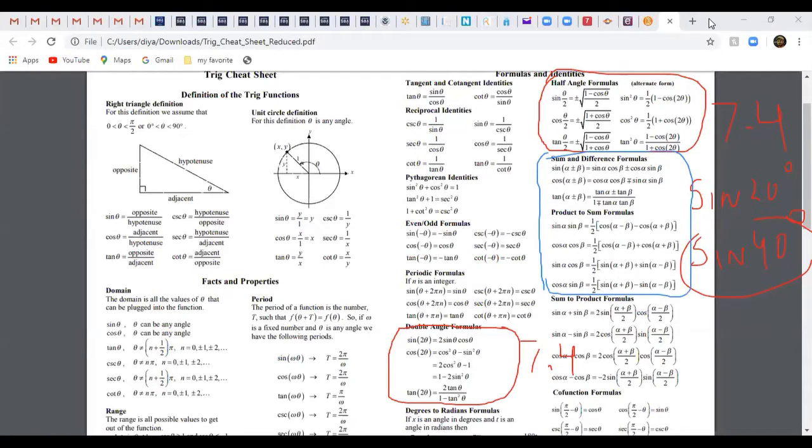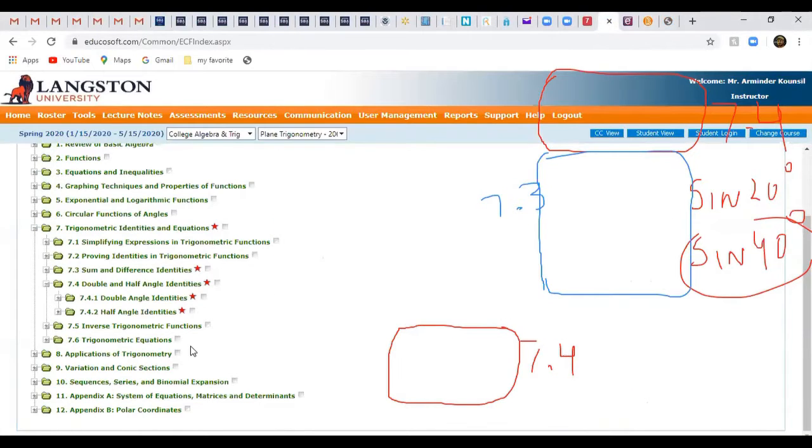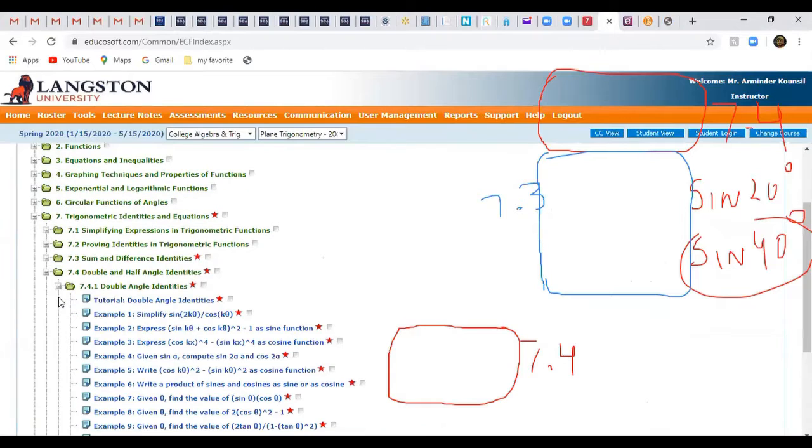Everything is from the formula sheet that we are using. Let's check the double angle formulas and half angle identities and where we use them.